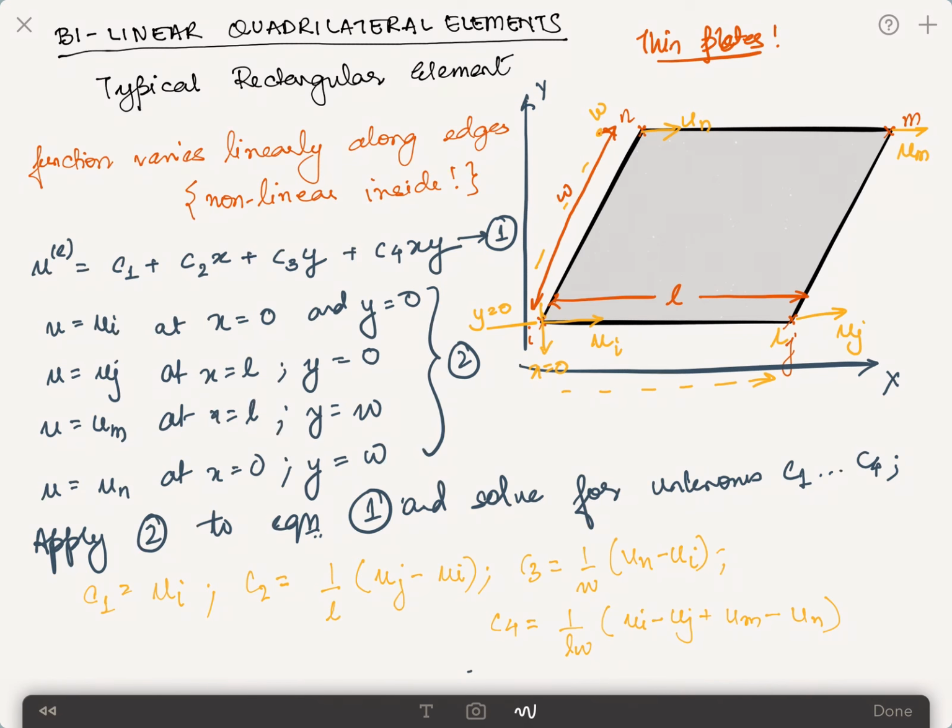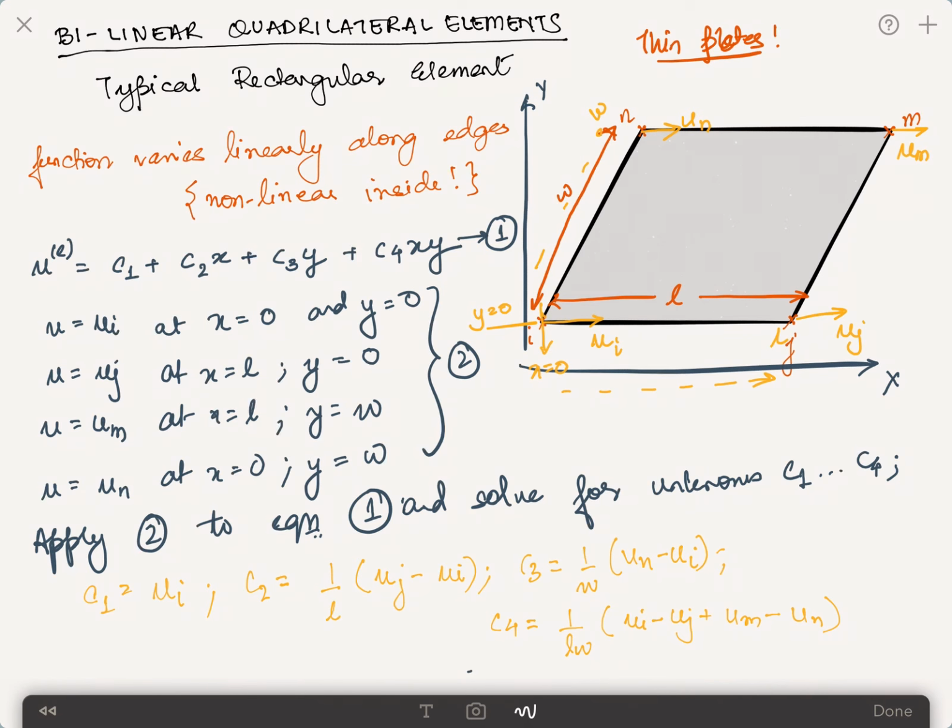Now, as usual, you know the entire process. I will continue to substitute C1, C2, C3, and C4 into equation 1 that I defined in the beginning, and rearrange such that I arrive at something like ue is equal to something times ui plus something times uj plus something times um plus something times un.